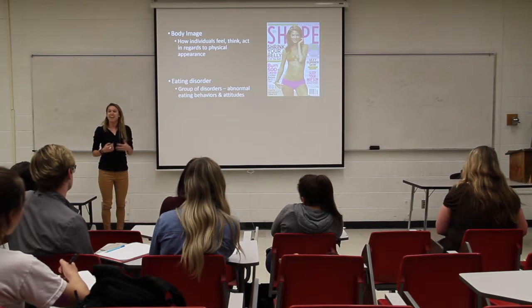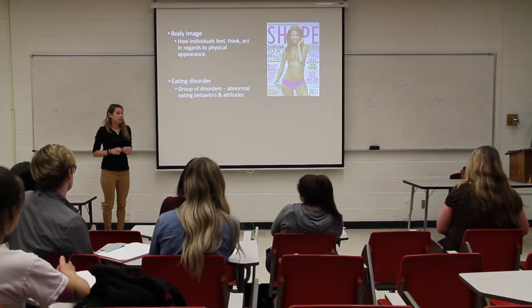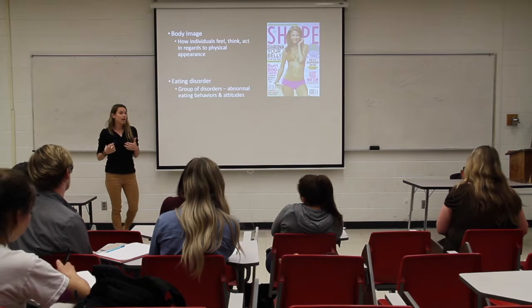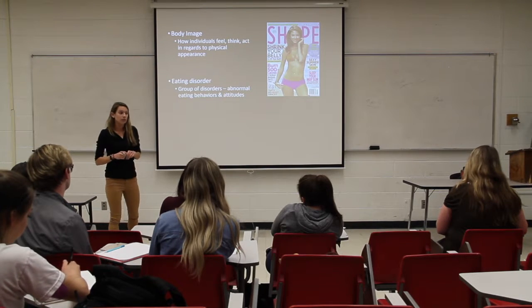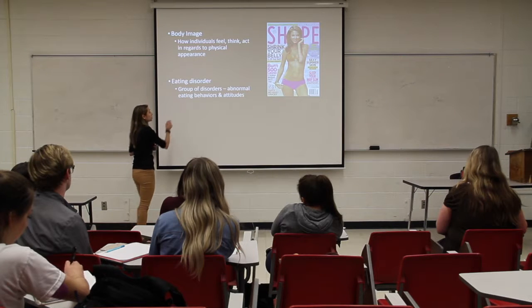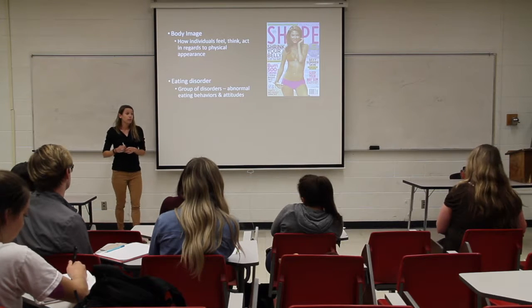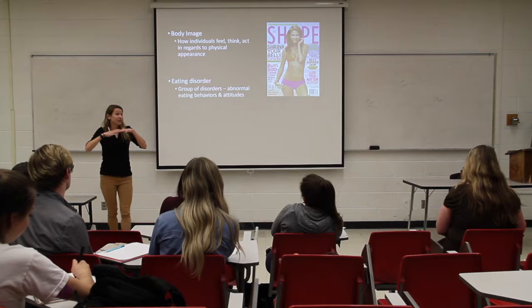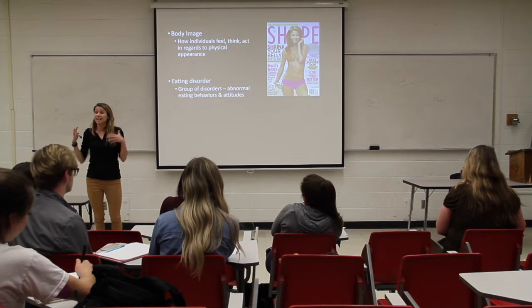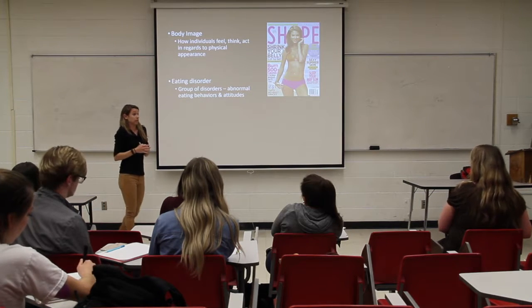What they think about it, how they feel about it, even the way that they behave about that certain part of their body. And then we've got eating disorders. There's a group of them, and they're categorized by abnormal behaviors and attitudes when it comes to eating.